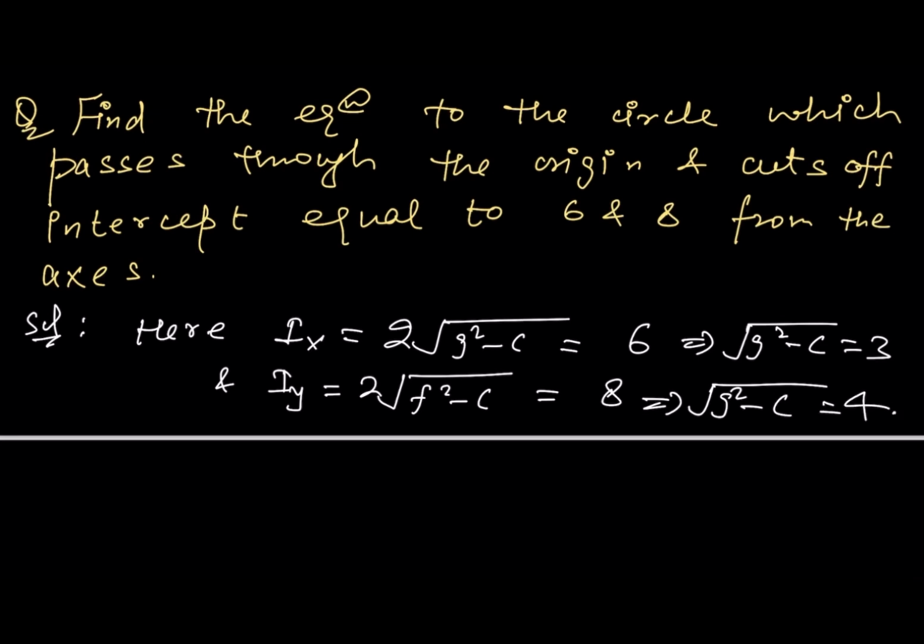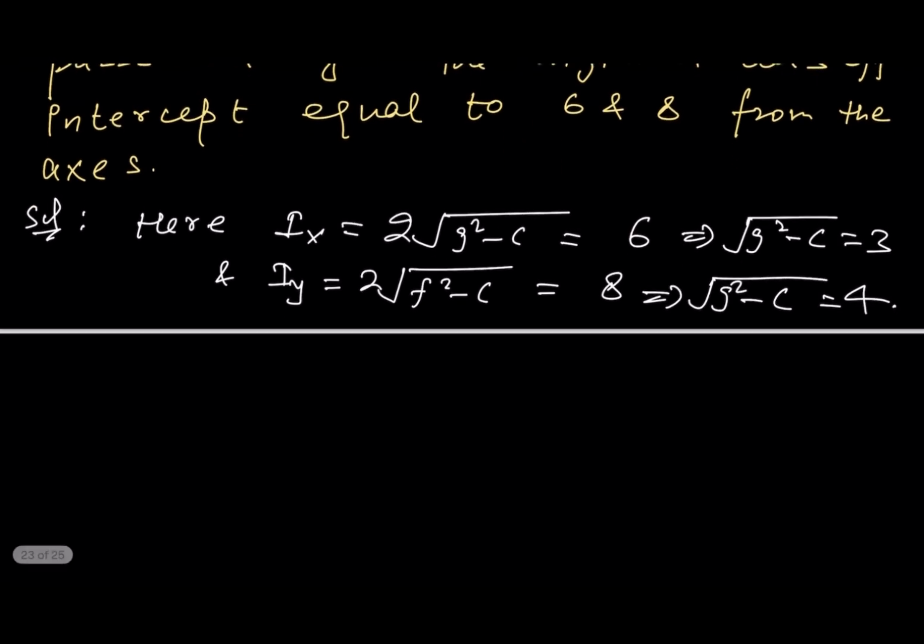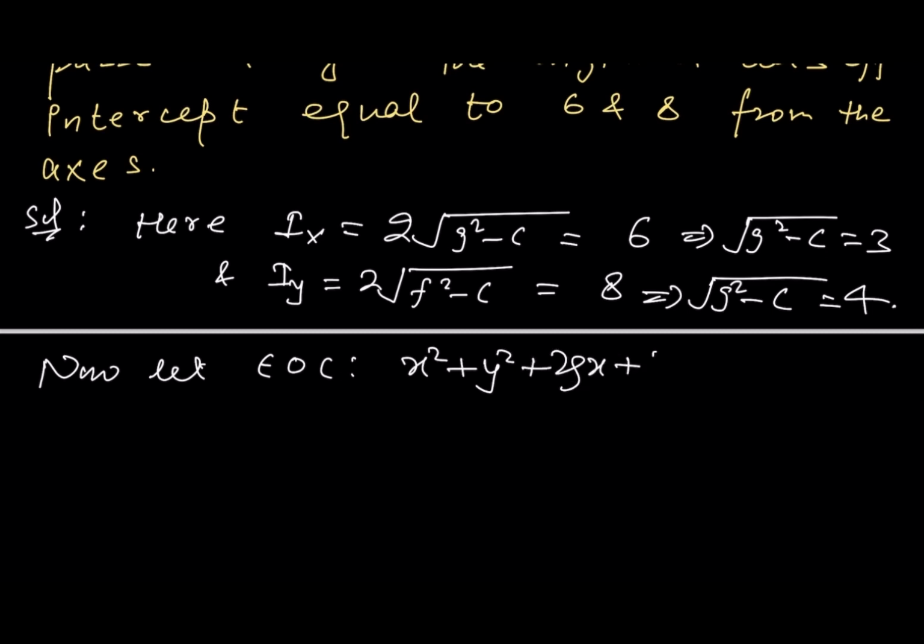By dividing both sides. Now let equation of circle be x square plus y square plus 2gx plus 2fy plus c is equal to 0.